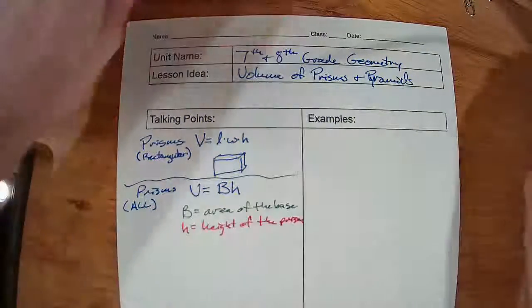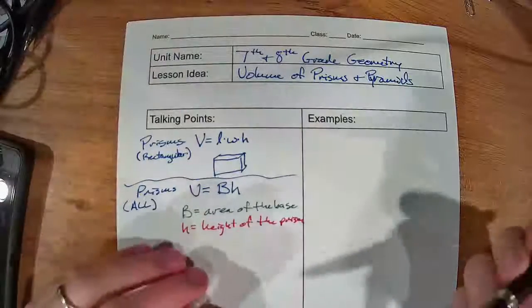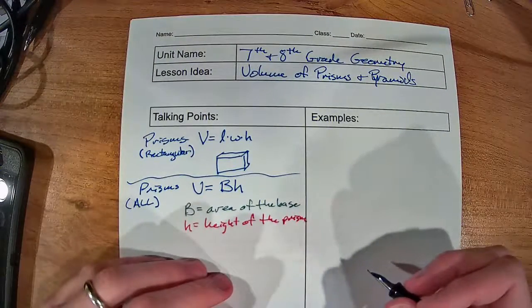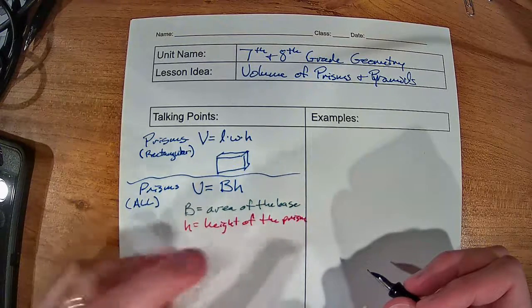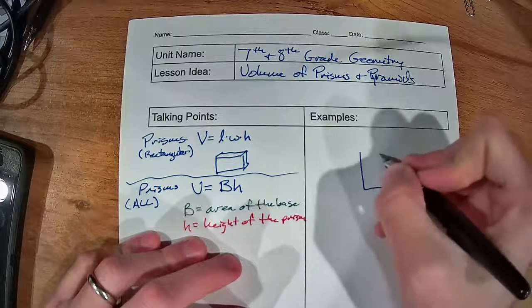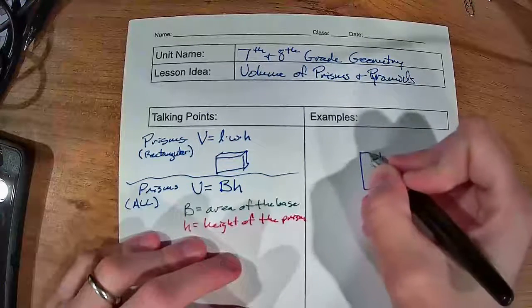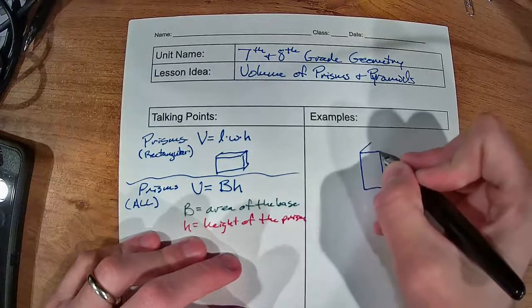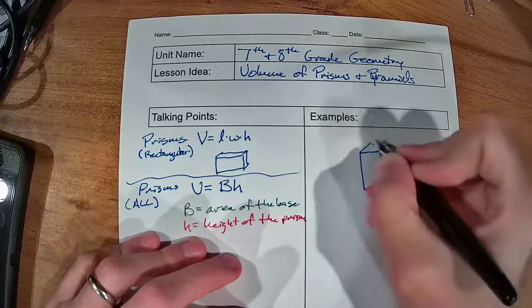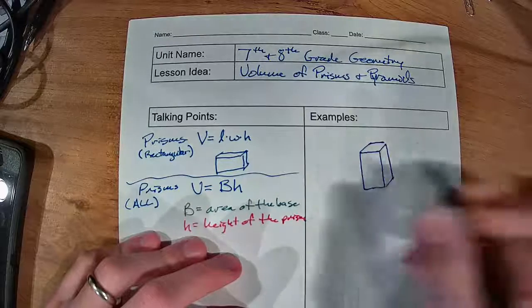So let's look at a couple examples here. Let's look at a rectangular prism first, and then we'll look at something a little bit different. Oh, I don't know. How about something like this? And again, hopefully you're getting better at drawing these. Goodness knows I am. Well, maybe I spoke too soon.